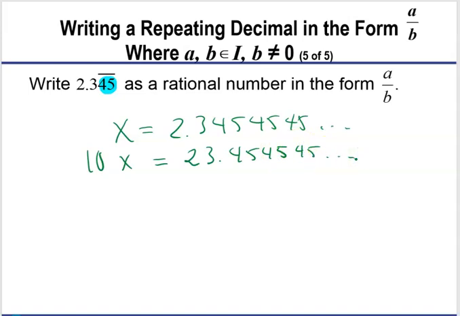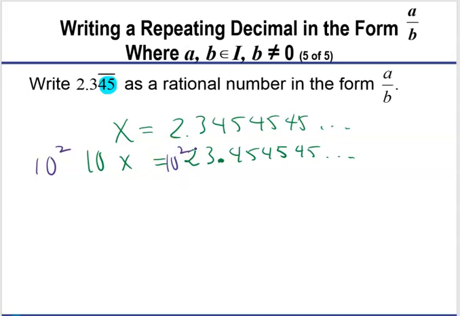Now I can see that the repetend is directly next to the decimal point. When that's the case, and again you have 2 repeating digits, we can multiply both sides by 10 squared. So I'm going to multiply by 10 squared here and 10 squared here.